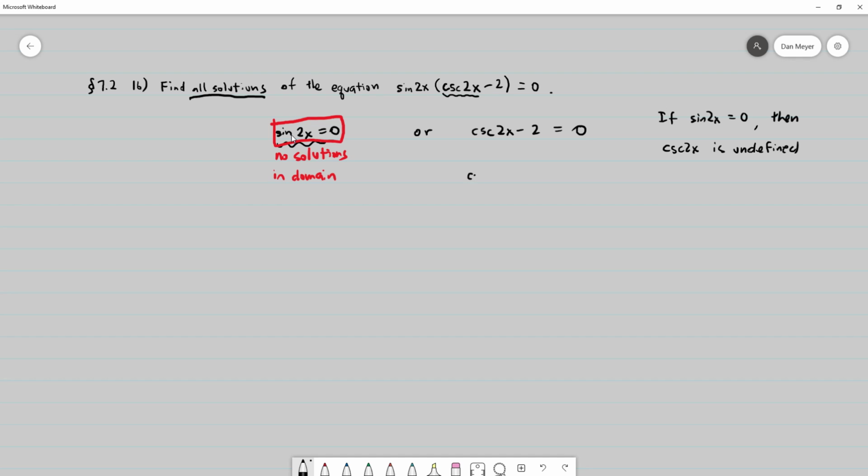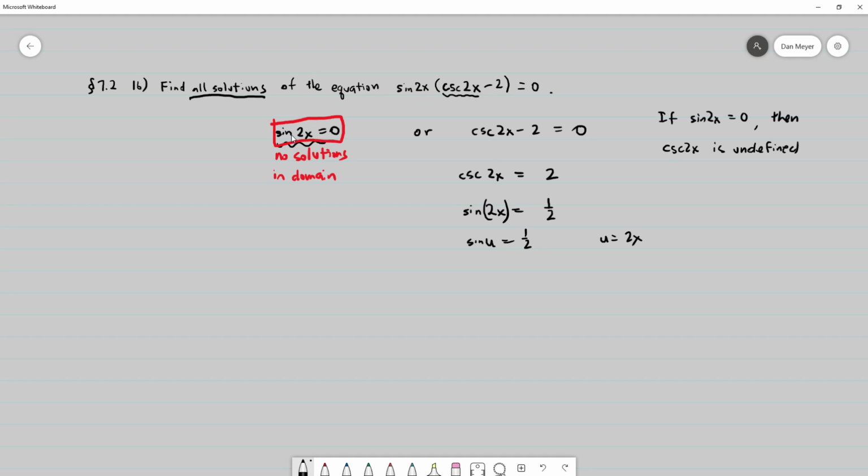So we have cosecant of 2x is equal to 2. It's cosecant, not cosine. And that means that sine of 2x will be 1/2. Now if you need to make a substitution, say sine of u is 1/2, where u is equal to 2x, so that you can not focus on the 2x part so quickly.